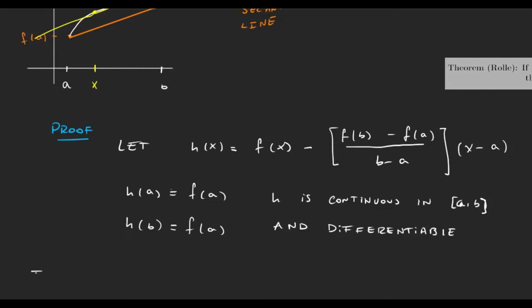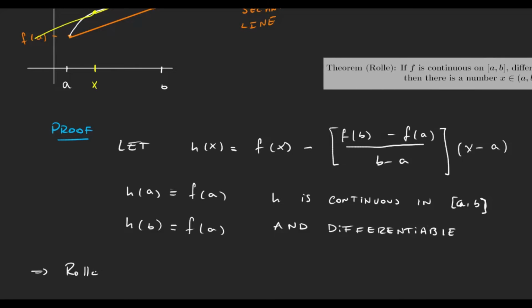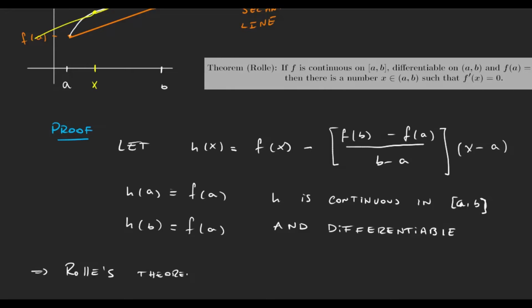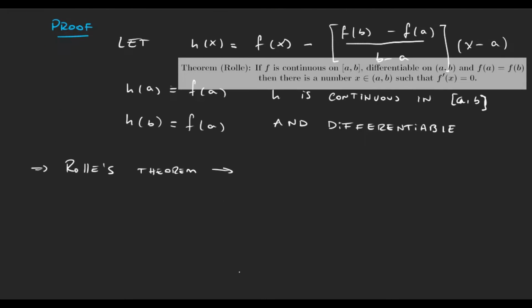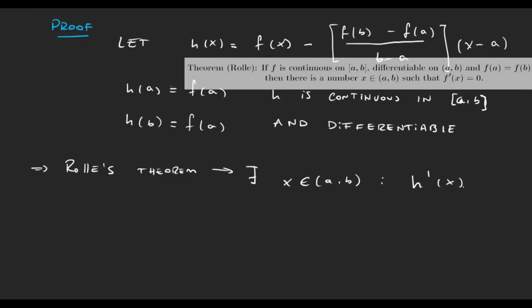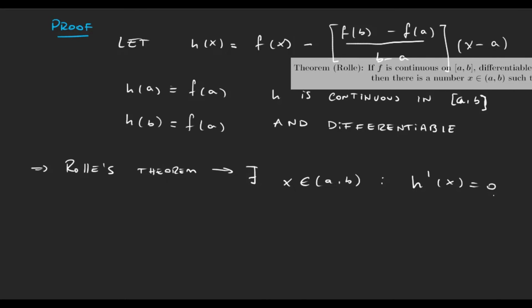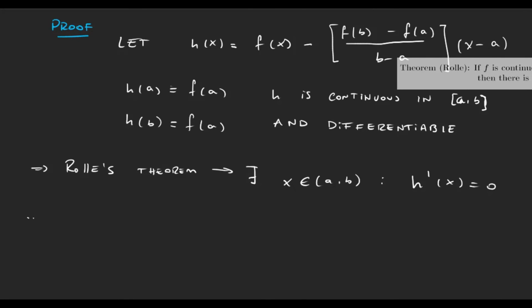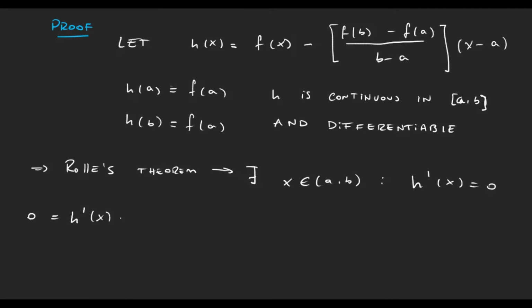So then we can use Rolle's theorem we saw in our previous video, which said that there exists some point x inside our interval such that h prime at that point is equal to 0. So 0 is going to be equal to h prime of x, and h prime of x is just differentiating this function.